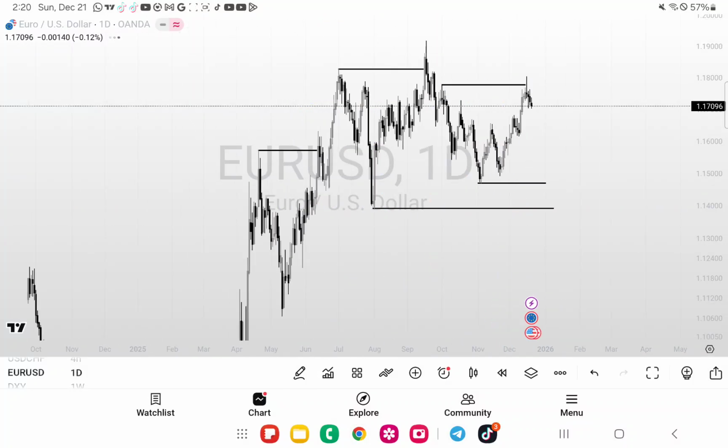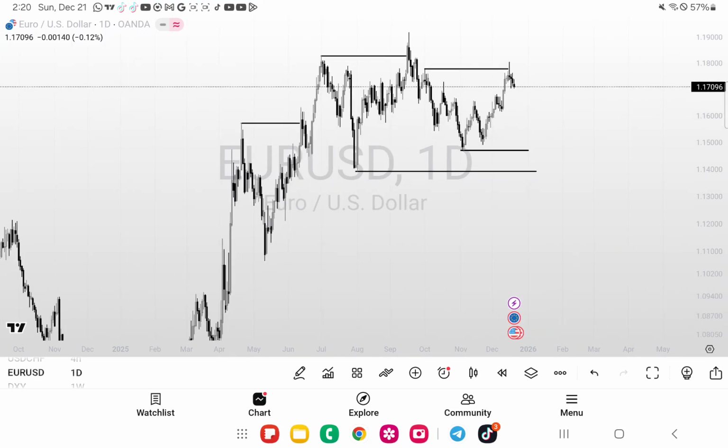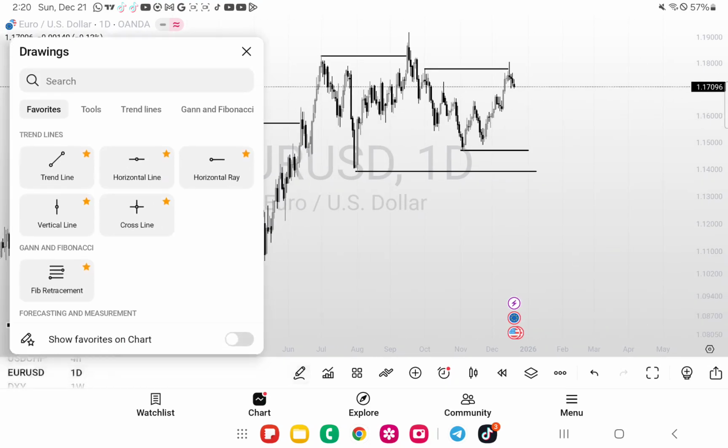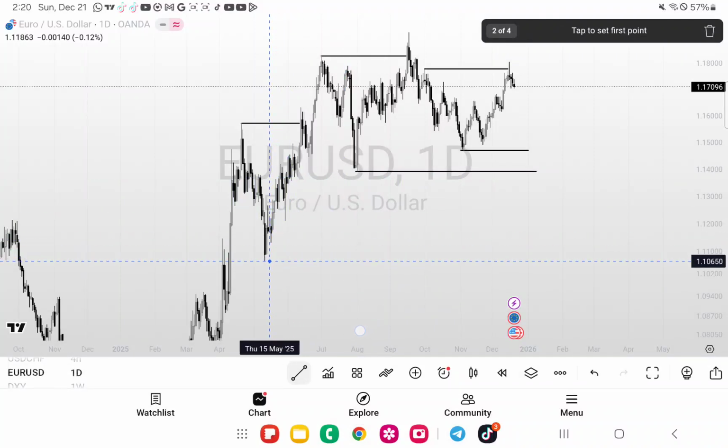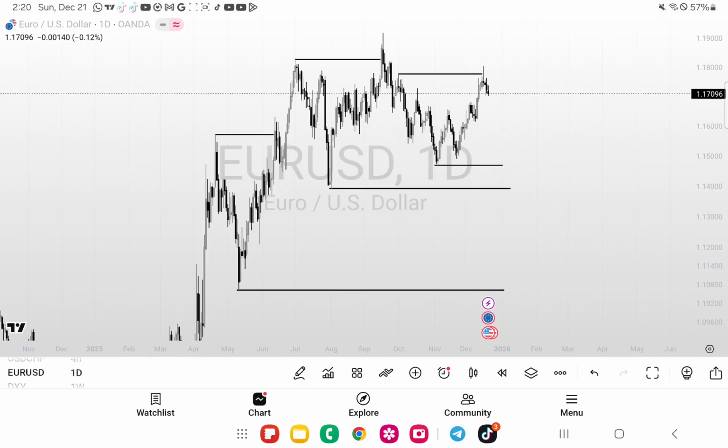This is the structure that we have on the daily time frame. And we have this one as well. This is our strong low.